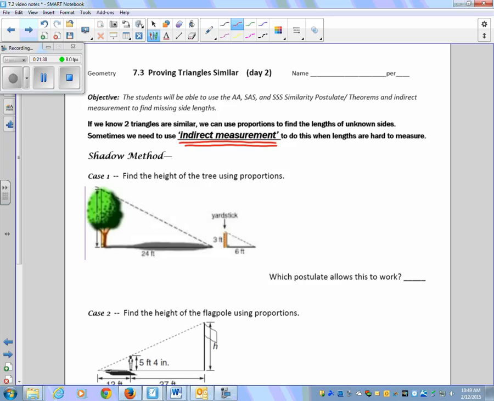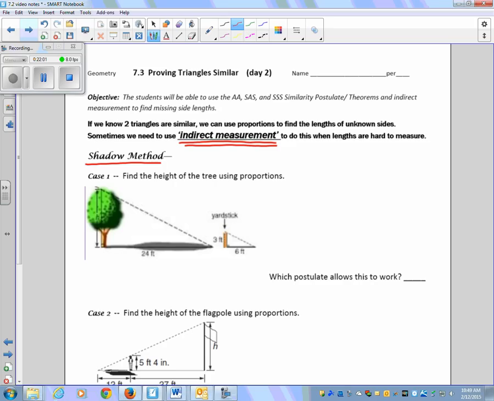There are 2 methods that are going to be the most common that we use for indirect measurement. The first one is the shadow method, where if you're outside on a sunny day and there are shadows on the ground, you can find the heights of certain objects just by knowing the ratios of the shadows.